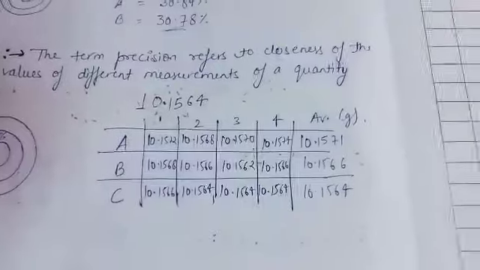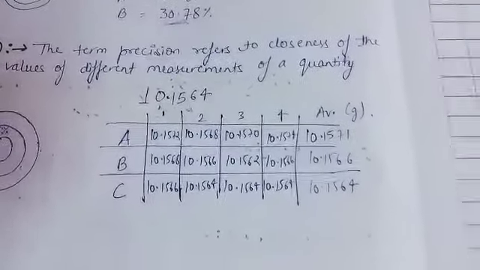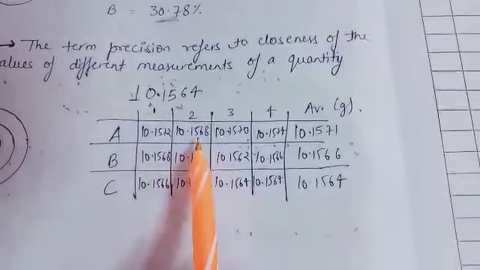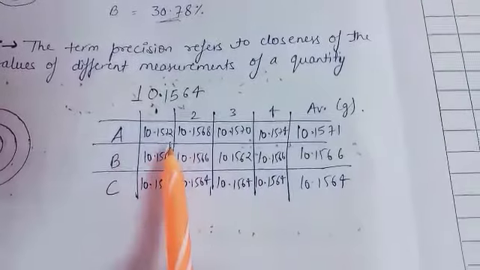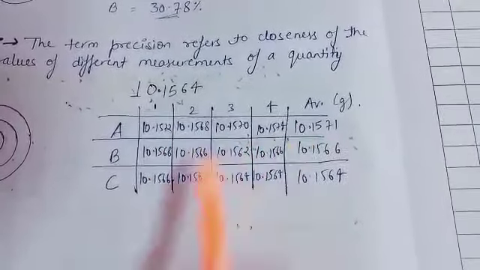The data obtained by student A are neither precise nor accurate. Neither precise means there is a difference in their values. Just see 72, 68, they are not very close to each other.